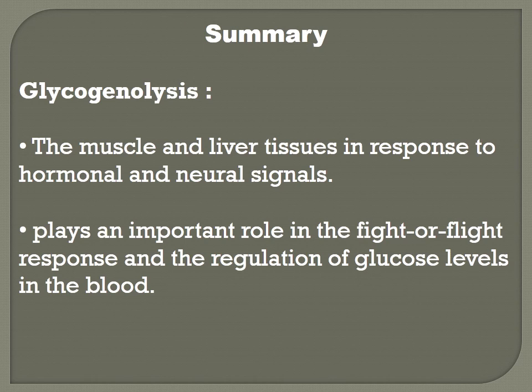So to summarize the importance of this pathway, glycogenolysis takes place in the muscle and liver tissues in response to hormonal and also neural signals. It plays an important role in the fight or flight response and in the regulation of glucose level.